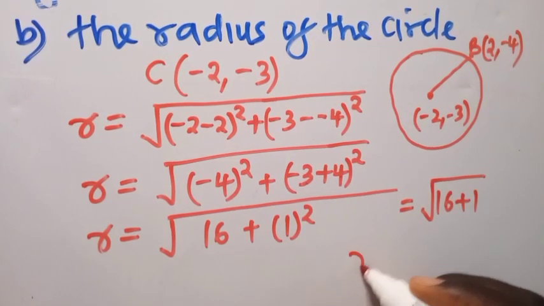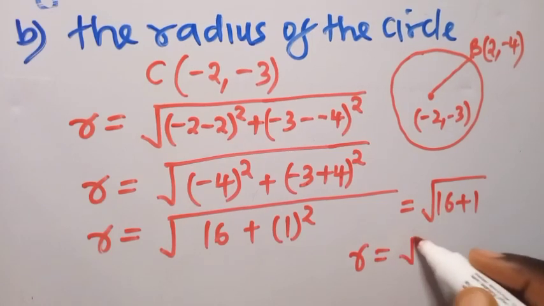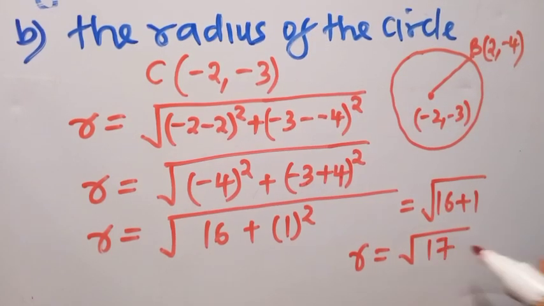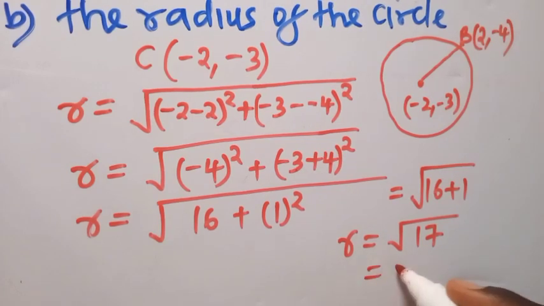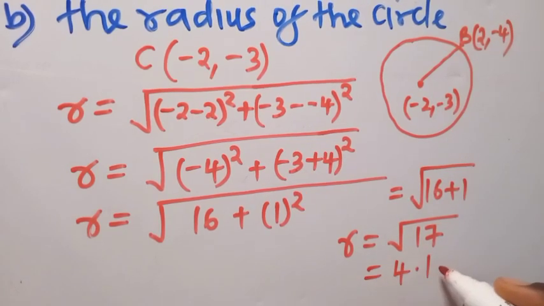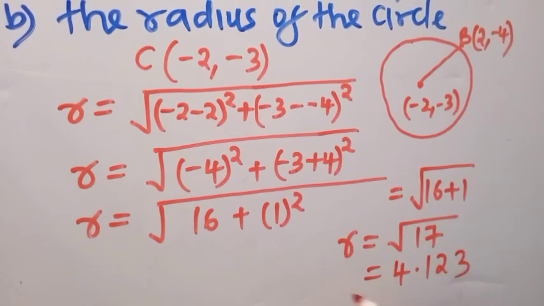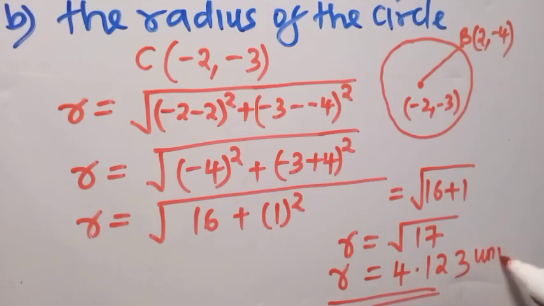And in that case, the radius is given as the square root of 17. And from the calculator, the square root of 17 is 4.123. That is the radius of the circle.